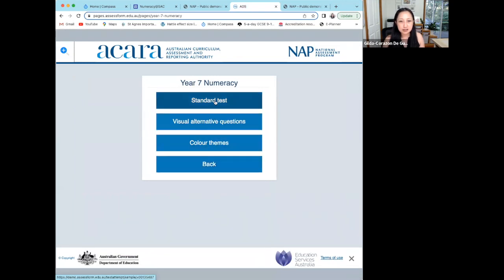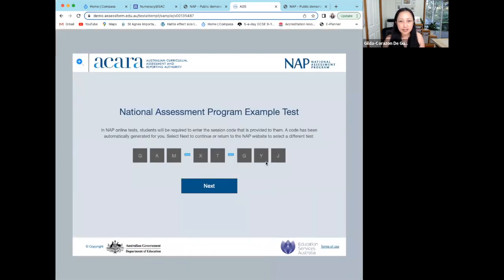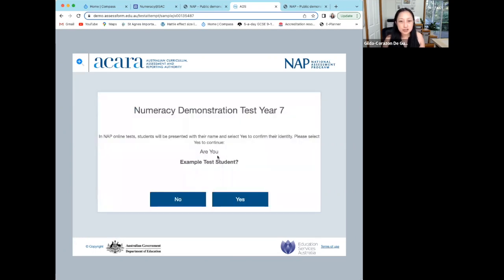You want to click on the standard test, and your teacher during the day will be the one to give you the codes here. So don't worry about this, but they should be available on the day, and the same thing with this one. Okay, now once you put in the correct codes, you would need to make sure that the name that appears is yours.